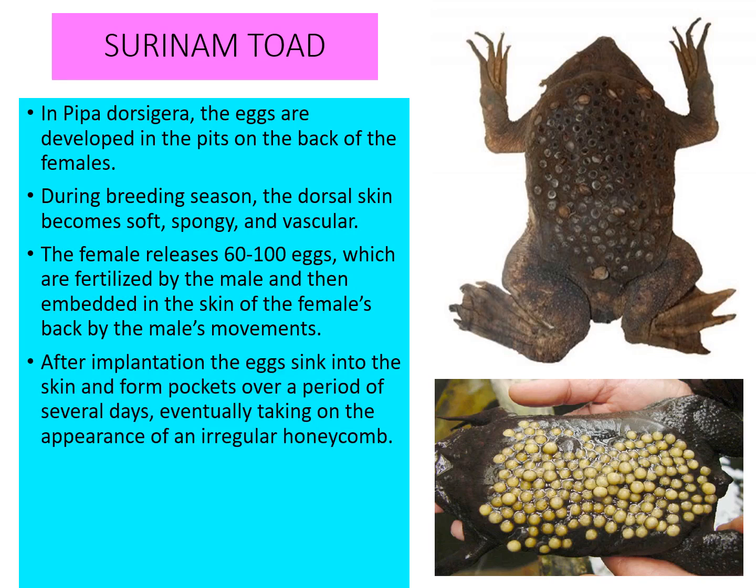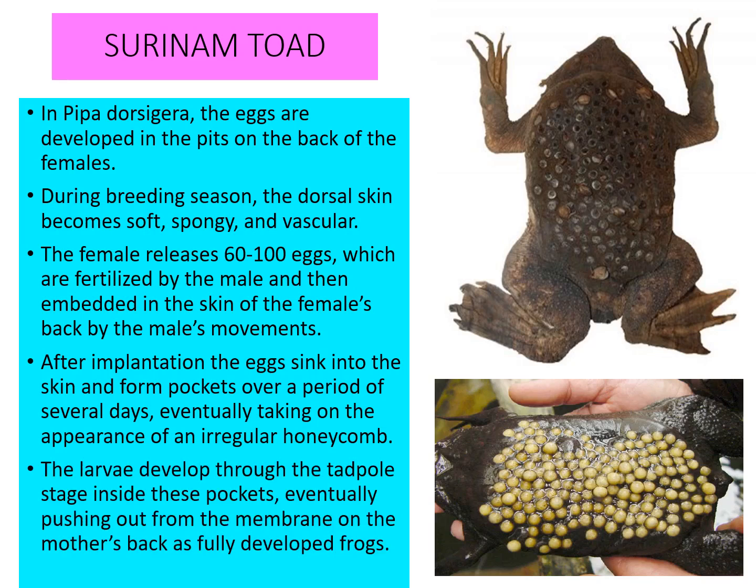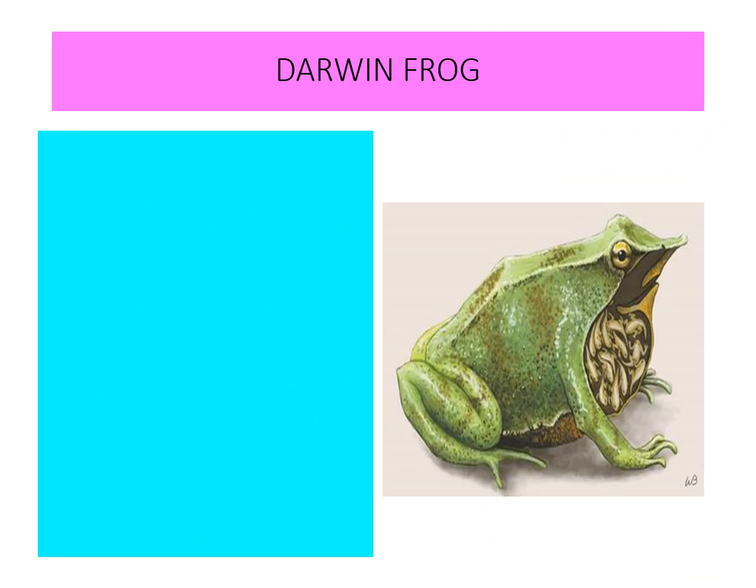After implantation, the eggs sink into the skin and form pockets over a period of several days, eventually taking on the appearance of an irregular honeycomb. The larva develops through the tadpole stage inside the pockets and pushes out from the membrane on the mother's back as a fully developed frog.